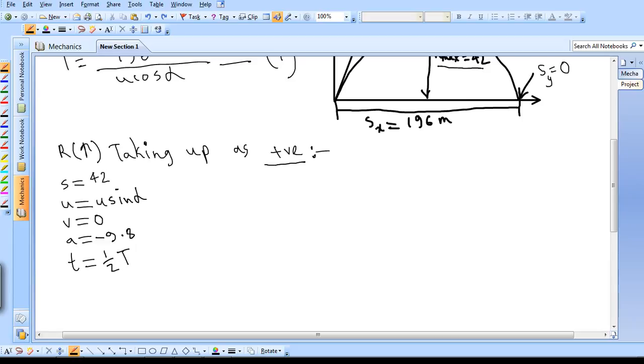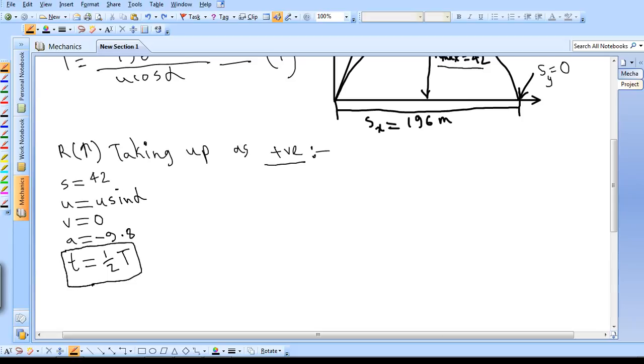So now let us choose a suitable equation for solving. If we consider these things, we will see that this value would make the situation complicated.